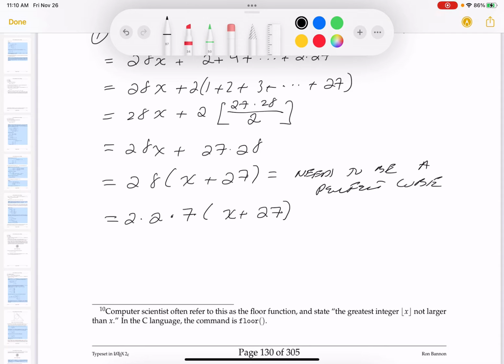So x plus 27, for it to be a perfect cube, and I'm looking for a minimum value, would have to have 2 factors of 7 in it, right? And 1 factor of a 2. Let me see if I can do that. And that's how you get a perfect cube.